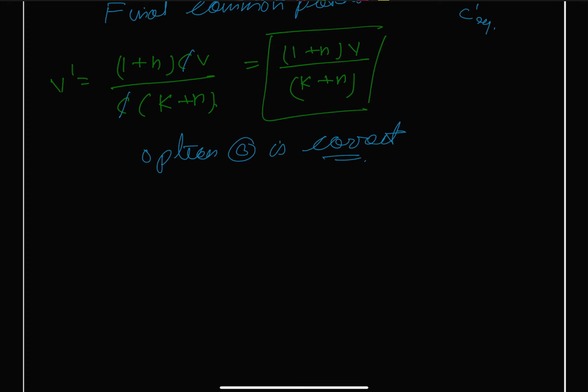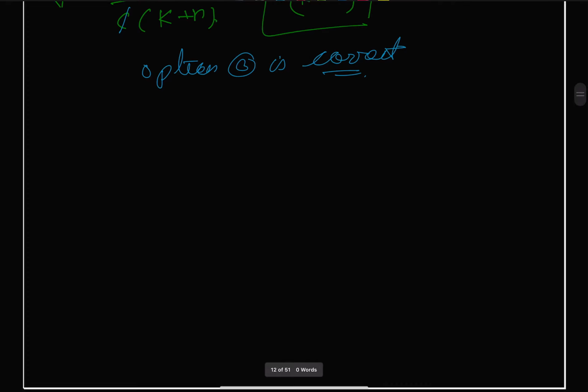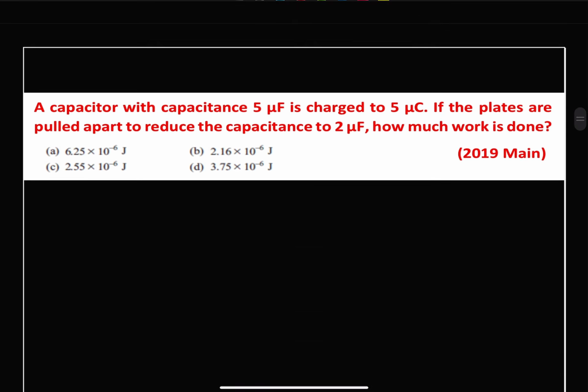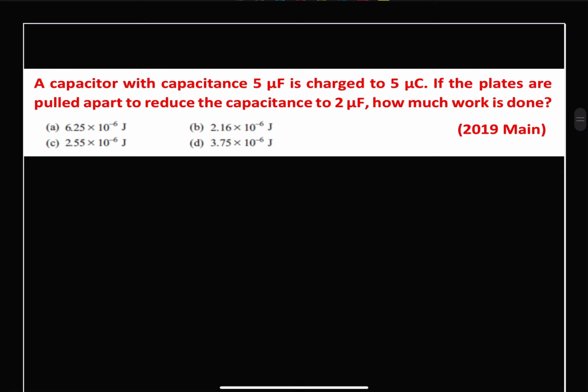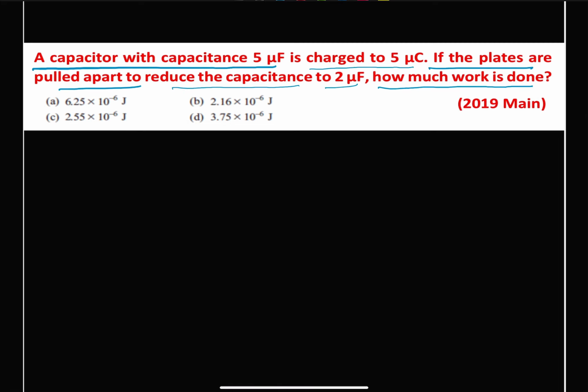Next question. It says that a capacitor with a capacitance of 5 microfarad is charged to 5 microcoulomb. If the plates are pulled apart to reduce the capacitance to 2 microfarad, how much work is done? So we are given that we can once again draw an approximate figure for initial and final condition.